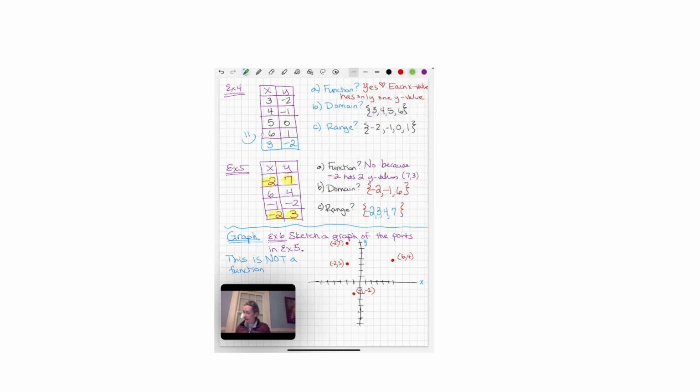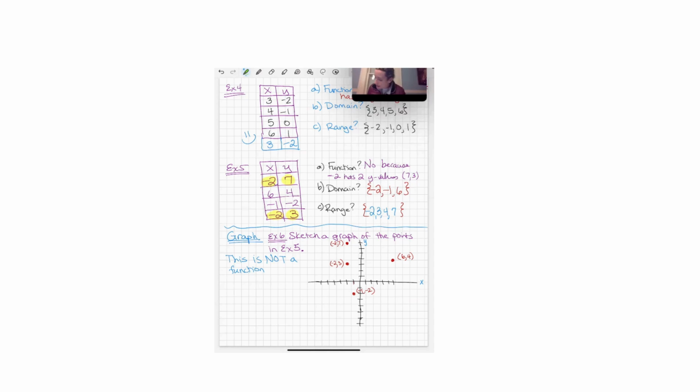We call it, I'll do the big reveal in a second. So what we do is we look for any points that are lying right on top of each other, in line with each other vertically. When I look at this, our friends -2,7 and -2,3.